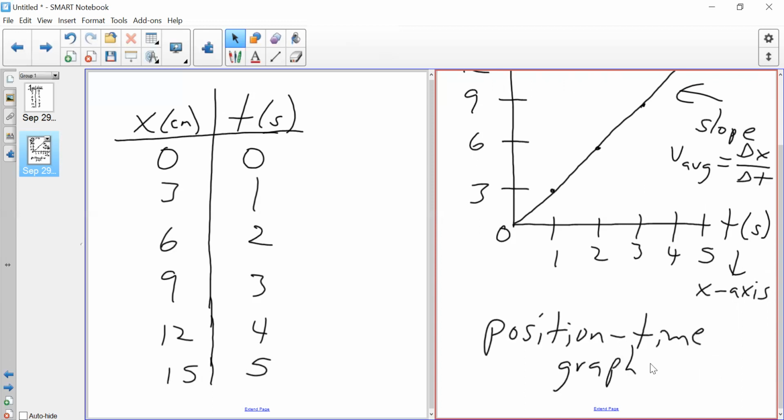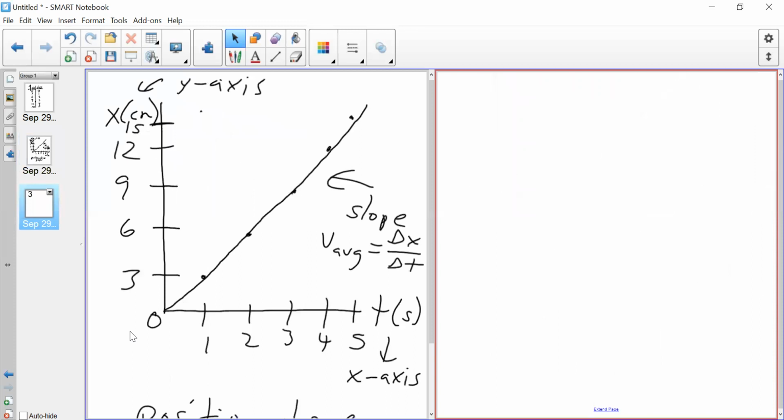And we're going to take a look at a couple of examples of different position time graphs and how we can translate those graphs into what we call motion maps. And that's going to be part of the last bit of our constant velocity particle model project that we've been working on.